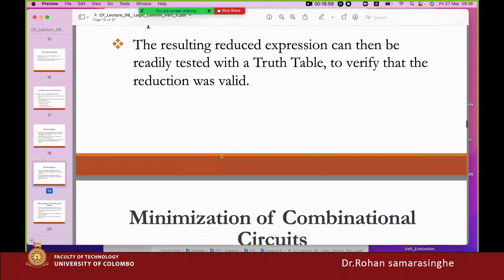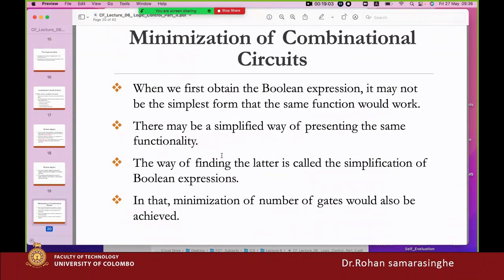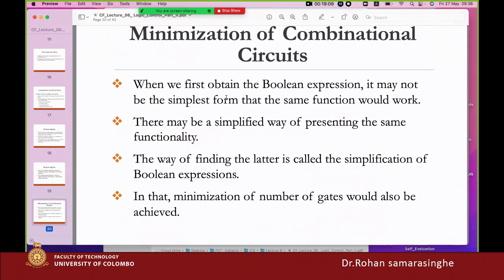Minimization of the combinational circuit. When we first obtain the Boolean expression, it may not be the simplest. You don't know whether this is the simplest version, from which you can get the required output. So there may be a simplified way to present the same functionality.